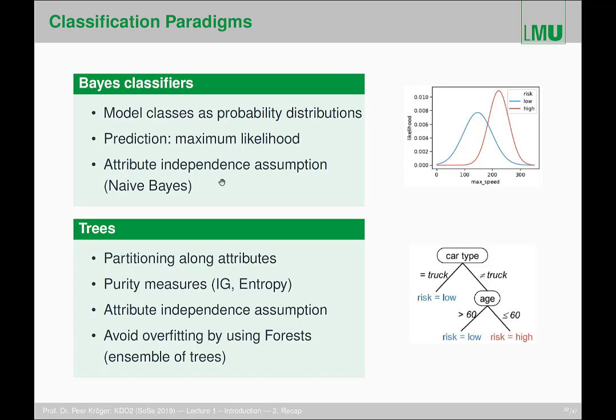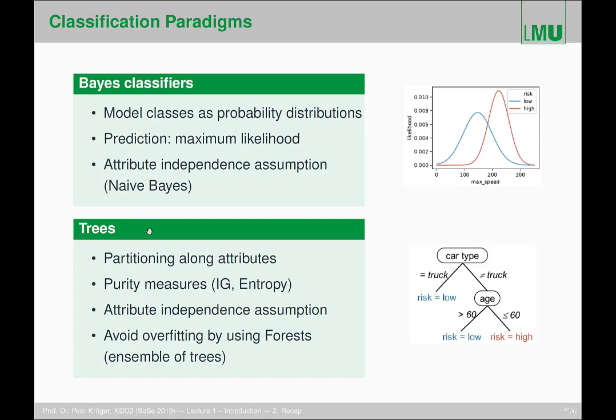They are correlated, but naive Bayes assumes attribute independence. And the interesting thing, which we talked about in KDD1 also, is that this very bold assumption isn't too bad in real life. Sometimes it's really bad, but very often it's surprisingly good. So naive Bayes is always a good baseline.